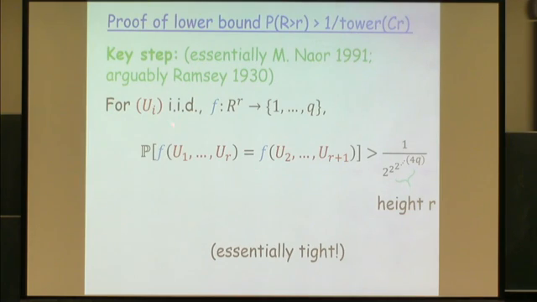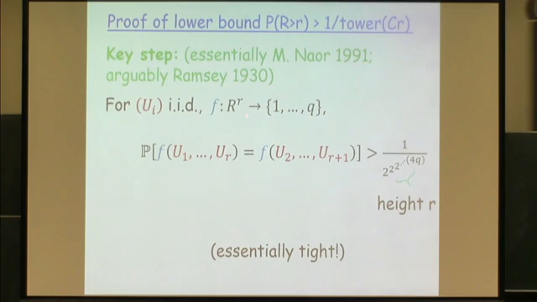Again, it kind of ought to be better known than it is, I think. Suppose you have a bunch of IID random variables. I don't care what space they're in, what distribution they have, and suppose I have a function of r arguments.